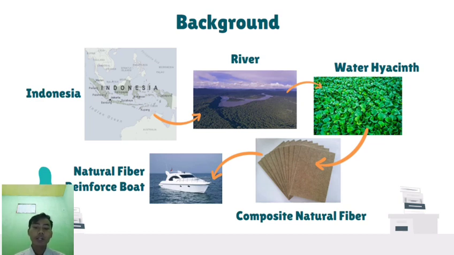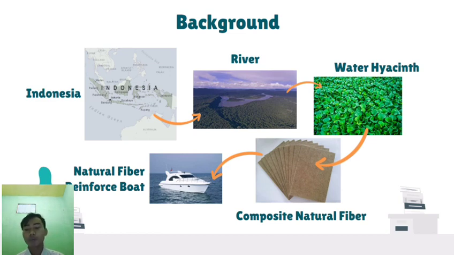If water hyacinth is processed properly and correctly, it will provide added value. One example is the utilization of water hyacinth as a fiber for composite manufacturing. So far, the development of composites in Indonesia has still been directed at non-renewable material resources, such as glass, carbon, and aramid. Therefore, natural fiber is needed for composites, as it has many advantages.